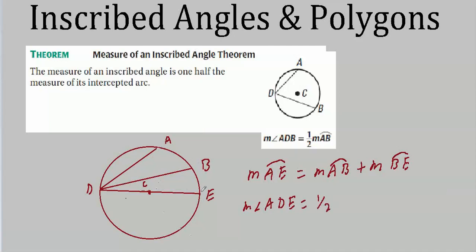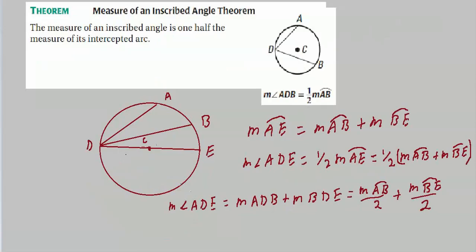We already know that from a previous demonstration. So that's half of the measure of arc AE. This large one is double this ADE here. But remember, we're really concerned with this one here.